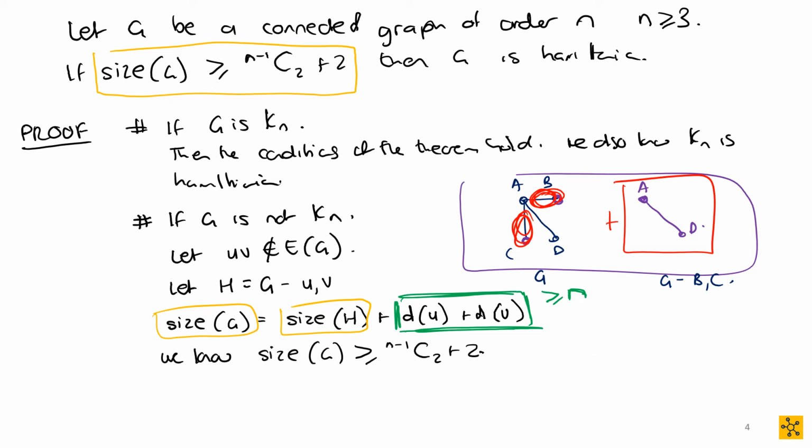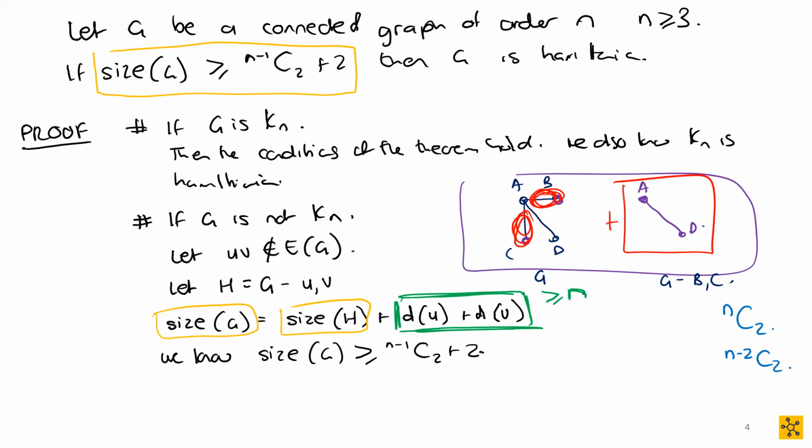Now, the size of H is going to be smaller than the size of the complete graph in terms of H. What I mean by that is, we know that a complete graph has size nC2, right? But now we've removed two vertices. So we pretend for a second that the graph that we had was complete. We removed two vertices, and then we have n minus 2 C2. But we know that wasn't complete to begin with.